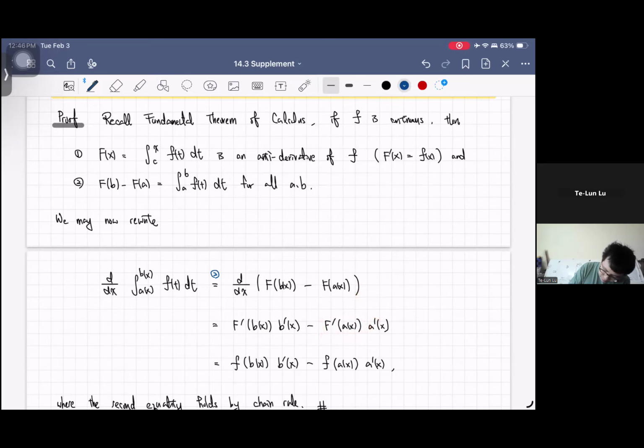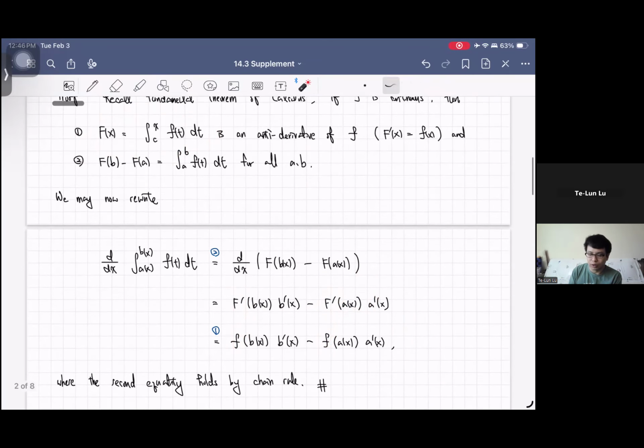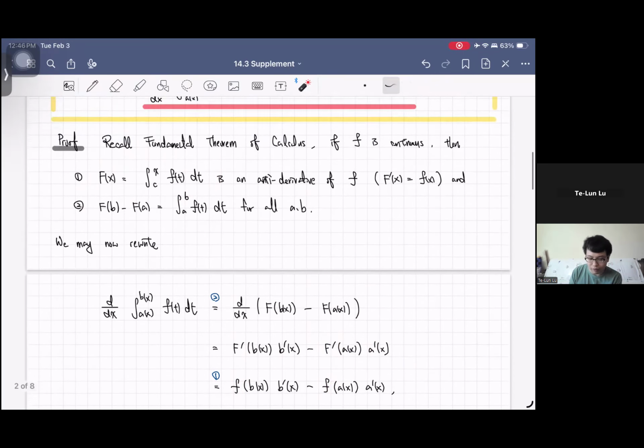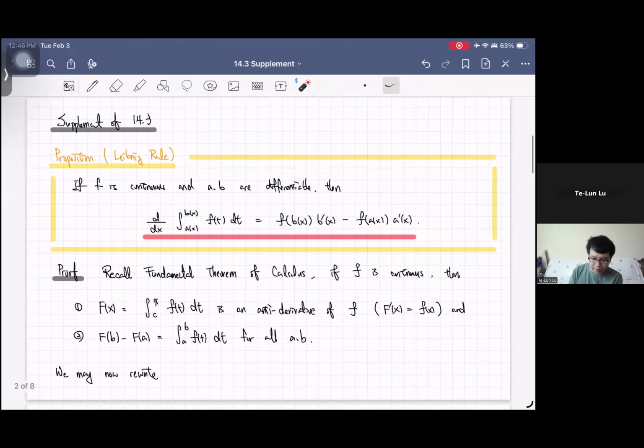By the first part of the fundamental theorem of calculus, capital F prime is f, so we simply get the Leibniz formula. That is a proof of the Leibniz rule, and it is very useful because we will see a lot of these examples.